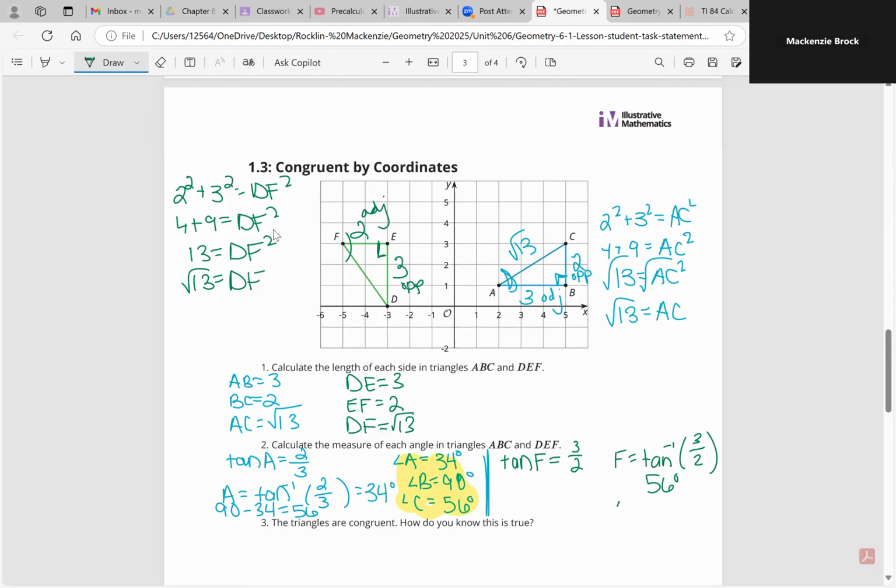Then angle D would be 90 minus 56, which is 34. So angle D is 34 degrees, angle E is 90 degrees, and angle F is 56 degrees. Sorry, that's kind of crammed in there. They didn't give us a lot of space.